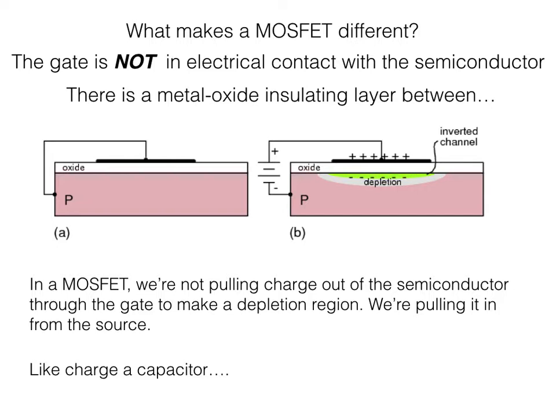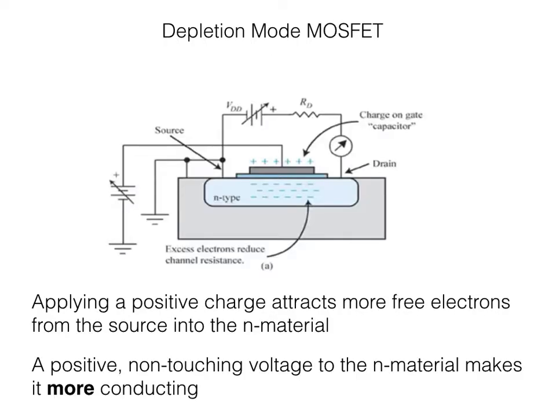So let's actually see this in application. So here's a depletion mode MOSFET. If you remember, a depletion mode MOSFET is one where you have a continuous channel. So the N channel goes all the way from source to drain with nothing intervening in between. If I apply a positive charge to the gate, I'm actually going to be pulling more negative charge carriers into the N-type material.